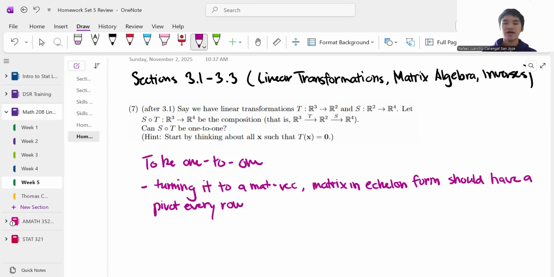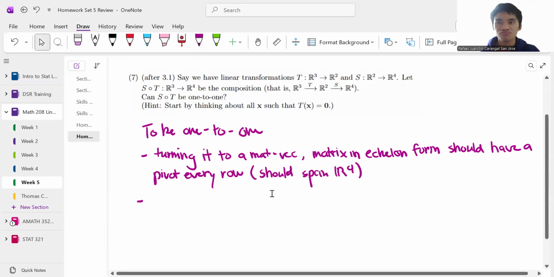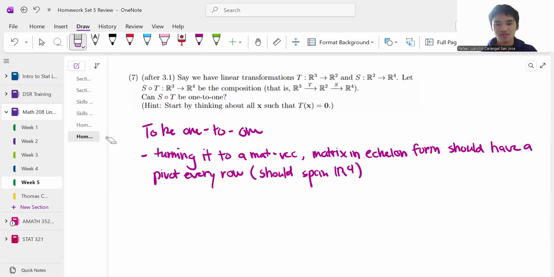And so it should span R4. Right? Those two ideas are just to connect together. What's another thing we can check?